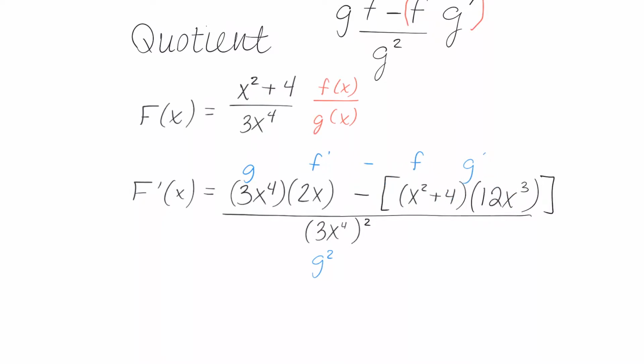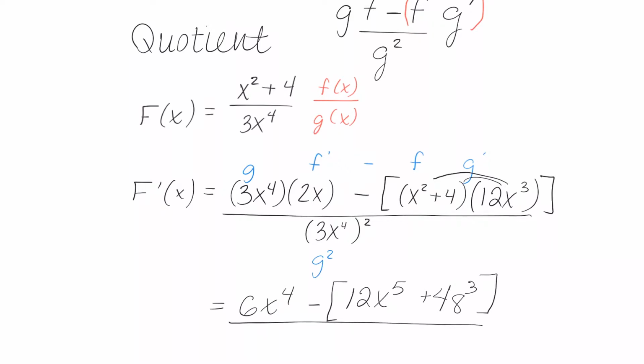So when we clean this up, and we will clean this up because it's a little bit easier to clean up, 2x times 3x to the 4th is going to be 6x to the 5th. Minus, we need to first distribute here. So if this is in brackets, 12x to the 5th, and then plus 48x to the 3rd, all over this.